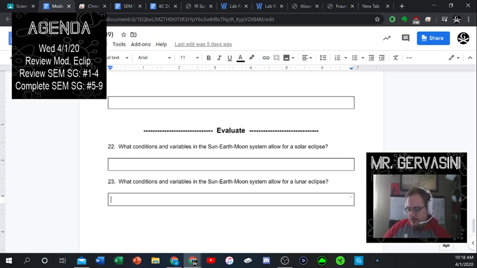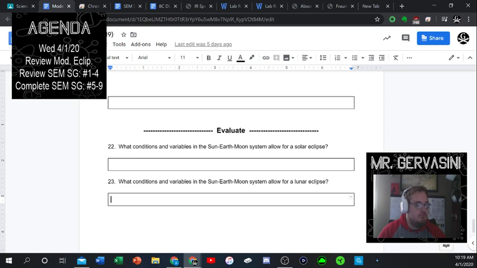So I wanted you to really emphasize the phase of the Moon because that tells you location of the Moon. And the Sun and the Earth relatively are going to stay in the same kind of perspective for the Moon, but the Moon's the one that's moving the most between those three objects, and that's the one that's going to really determine the effects and the phenomena that we've been looking at.